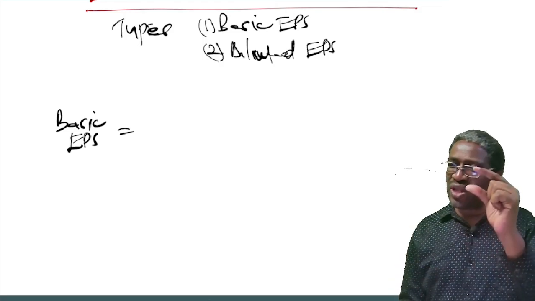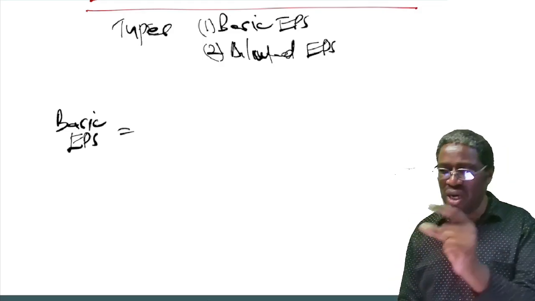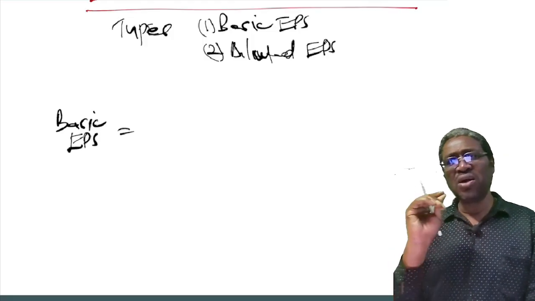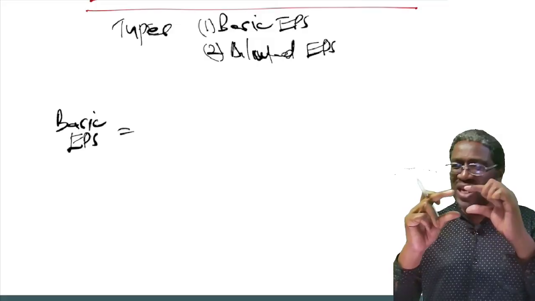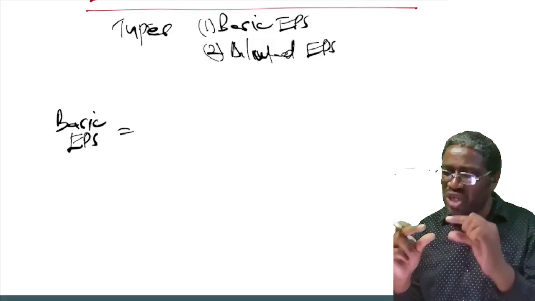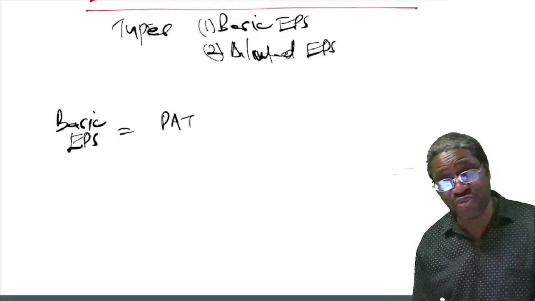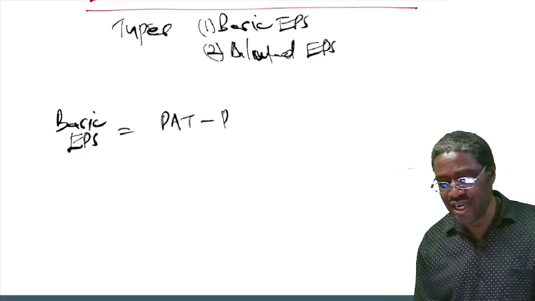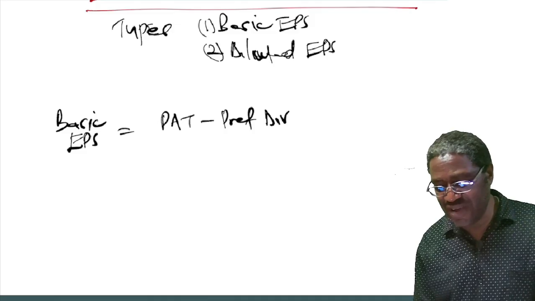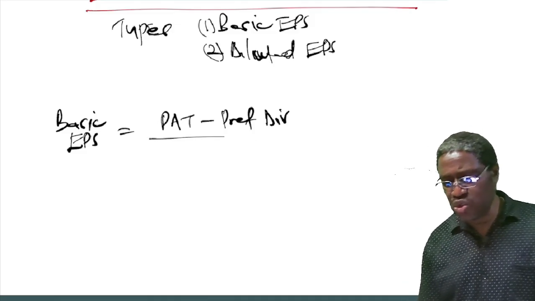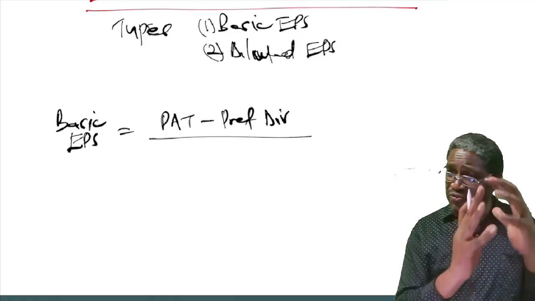That is what will give you the earnings per share. And of course, to get the earnings attributable to the ordinary shareholders, we take the profit after tax of the company and subtract the preference dividend.